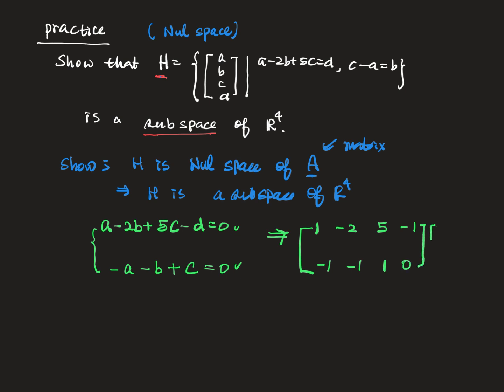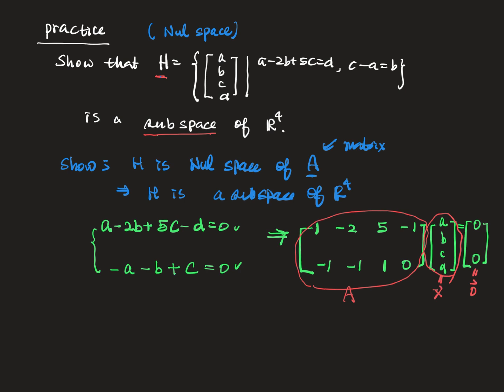Then you have A, B, C, D, and this one is 0, 0. Can everyone clearly see that? So you say this one is the A matrix. All right, that's the A matrix. This one is X. This is the 0 matrix.